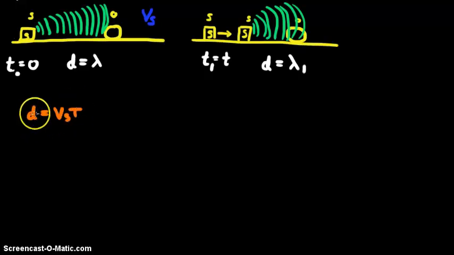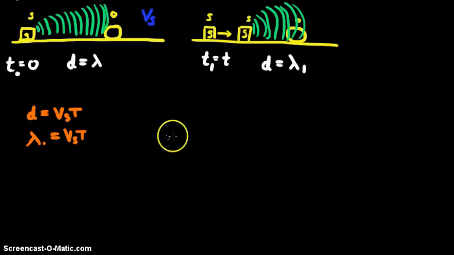Since wavelength is nothing but distance, and we are finding it in terms of wavelength, this is the amount of distance in terms of wavelength it has traveled. So we get lambda naught equals vs into t.